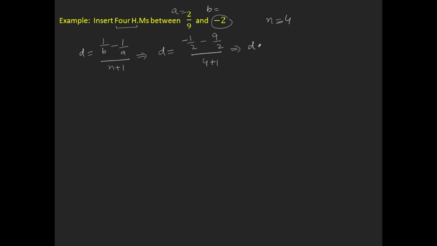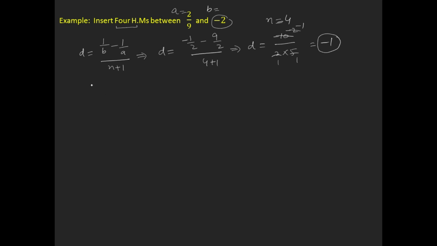So D is equal to minus 10 divided by 2 and 5, which gives minus 1. So the value of D is minus 1.